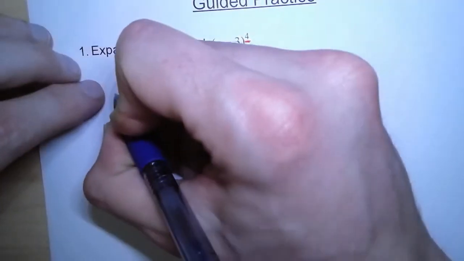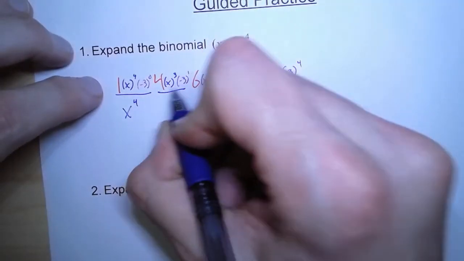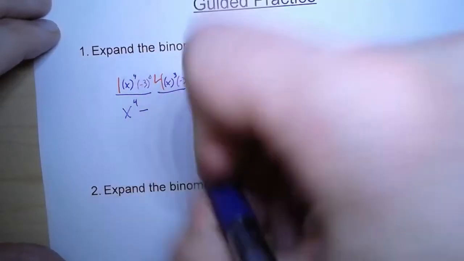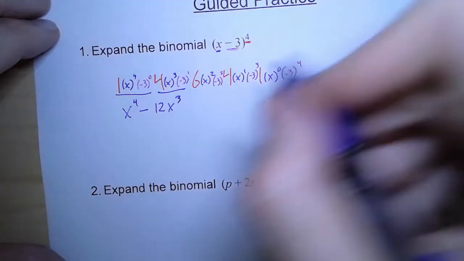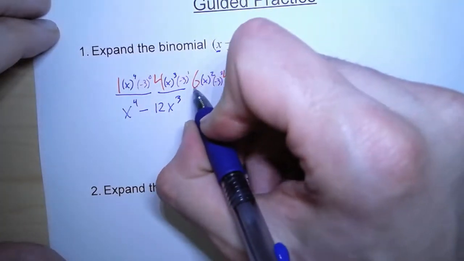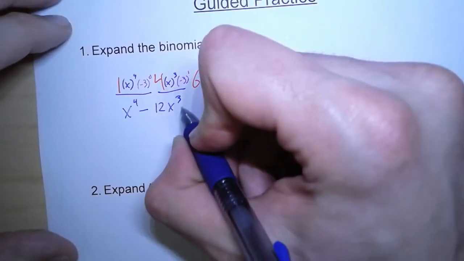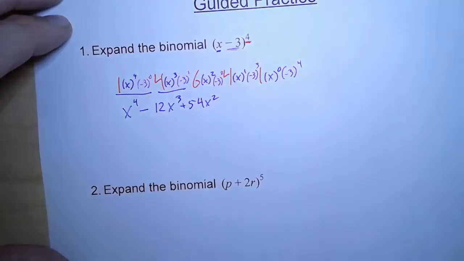So this first term right here is going to be x to the fourth. Now with this term, we have a 4, but we also have a -3 to the first. So that means our coefficient is -12, x cubed. With this one, it's 6 times -3 squared. So that's going to be positive 54x squared.